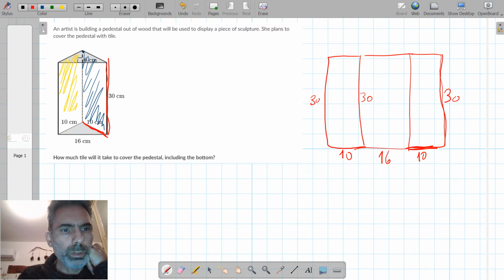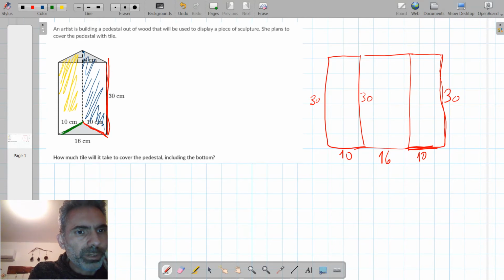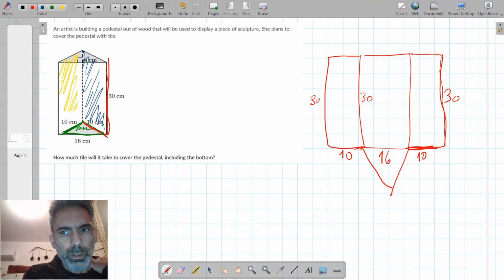And in the front, or the base of the prism, this green triangle here has a base of 16 and a height of 6.